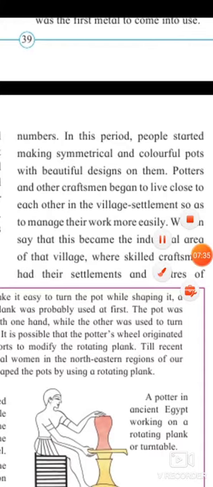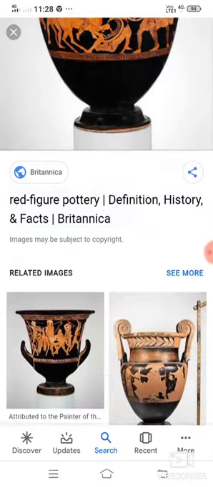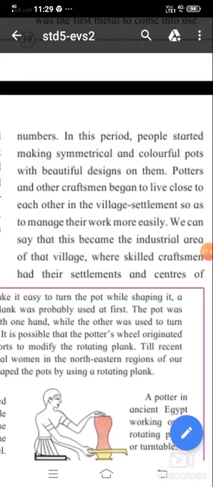These are some examples. Likewise, they could use a pot to create paints. They created designs and gave beautiful colors on them. So these are some more examples.